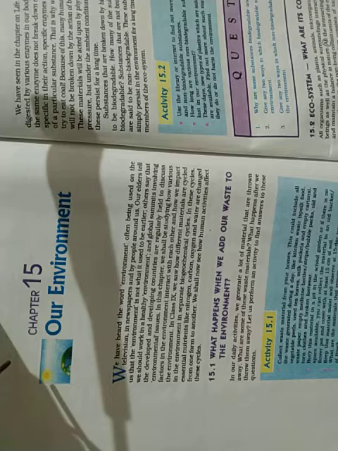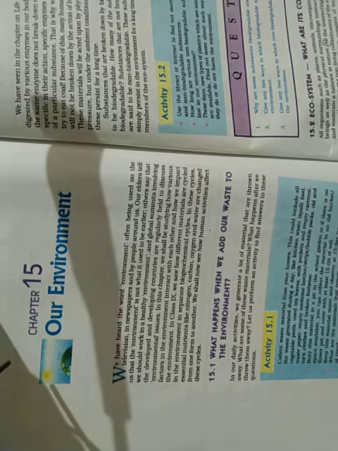All interacting organisms in an area together with the non-living constituents of the environment make an ecosystem. So if you are asked what is an ecosystem, all the living organisms that interact with each other in an area along with the non-living constituents of the environment is called an ecosystem.